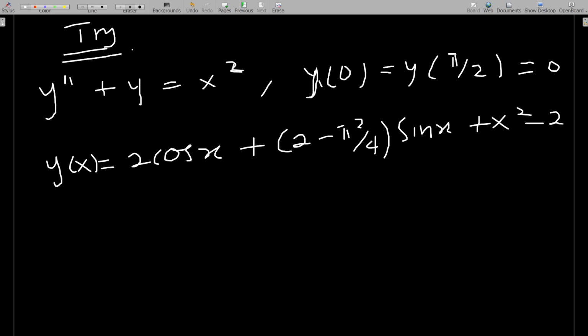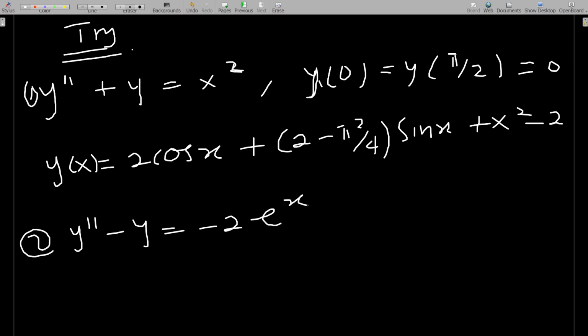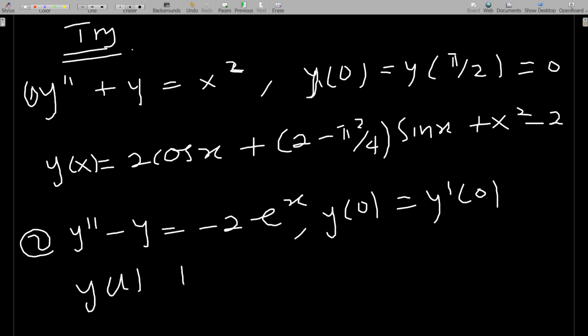Now the second one is, leave your answer in terms of hyperbolic functions. The second one is y prime prime minus y equals minus 2e to the x, subjected to y of 0 is equal to y prime of 0, and again, y of L plus y prime of L should be equal to 0.